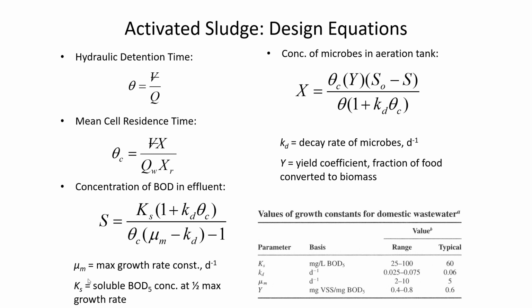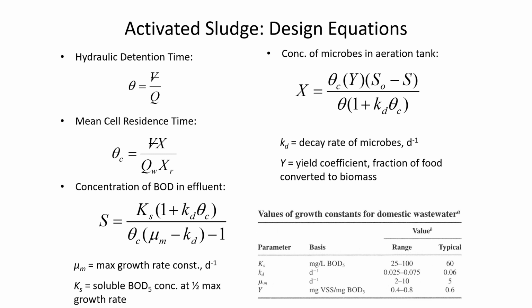Then the other parameters are related to how quickly the microorganisms grow. So this mu sub M is the maximum growth rate, and then K sub D is related to the death rate, or the decay rate, of microorganisms. And then finally Y, the yield coefficient, is basically how much weight the microorganisms gain for the food that they eat.